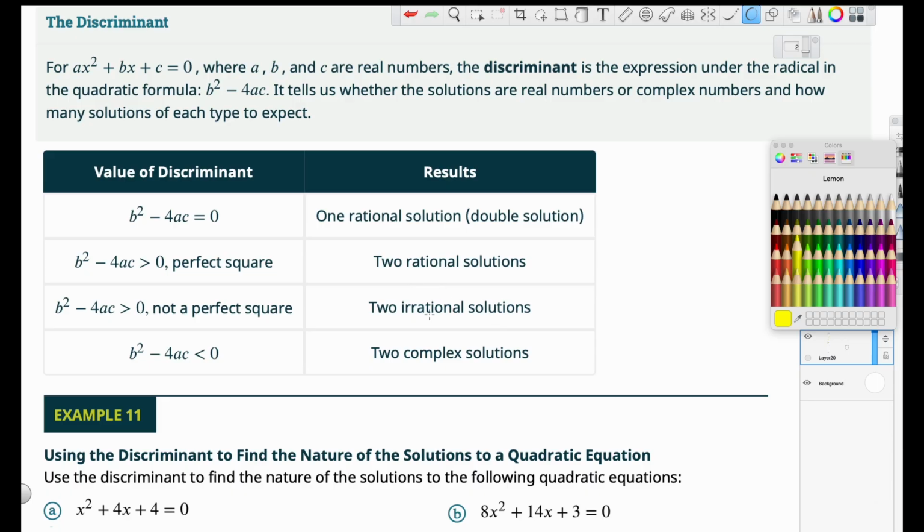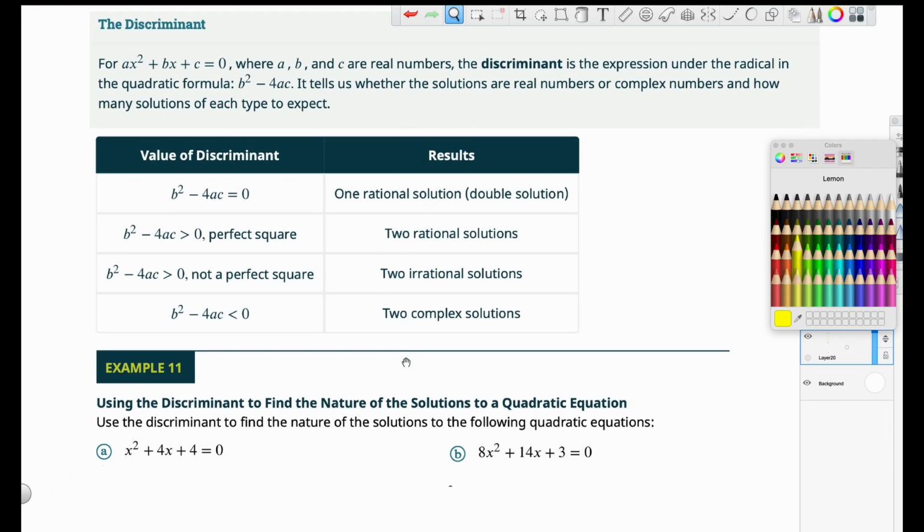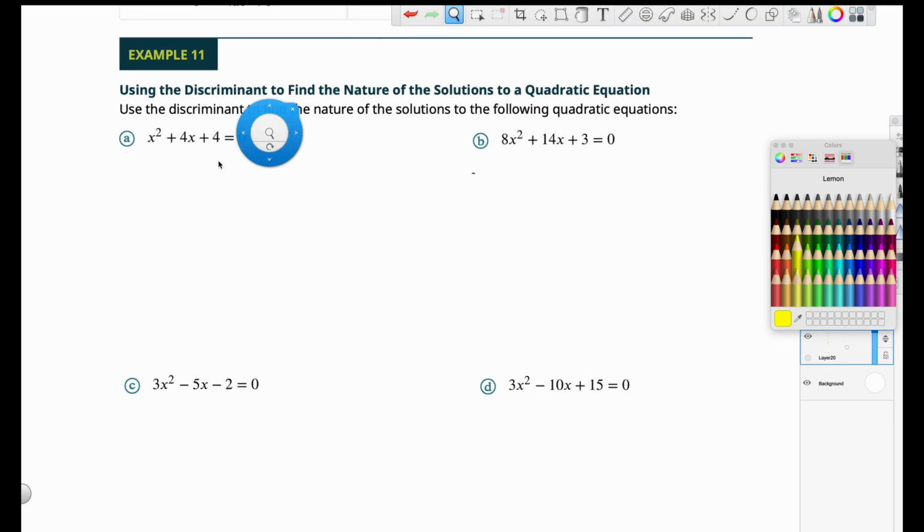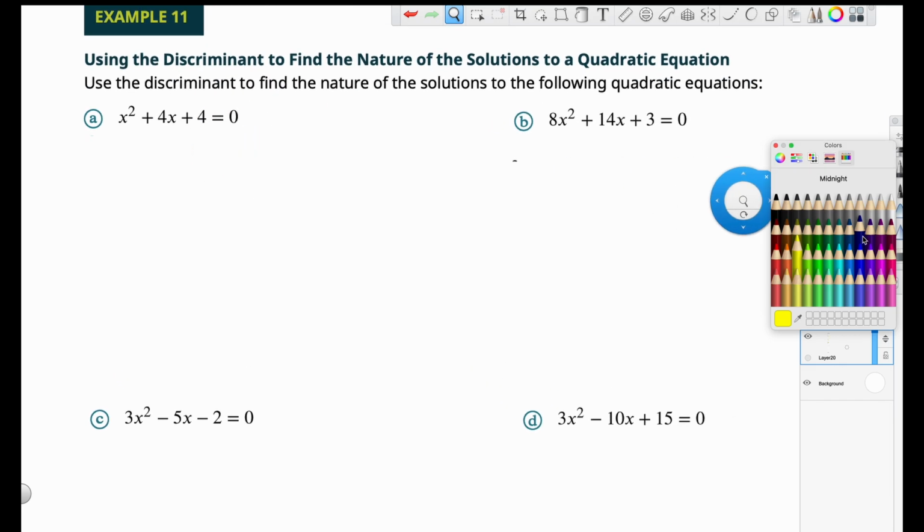We'll have the square root inside that doesn't simplify. Now, if b squared minus 4ac is less than 0, that's just like the example that we just did, we're going to have two complex solutions. In other words, we have potentially a real number, and definitely an imaginary. Okay, so let's take a look at A.